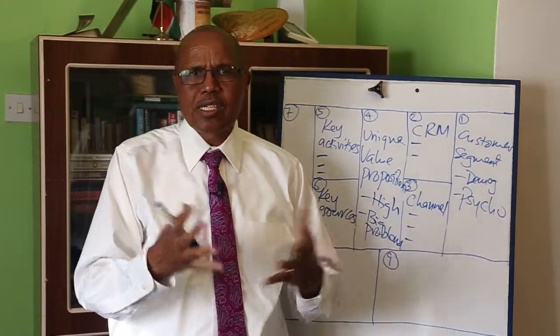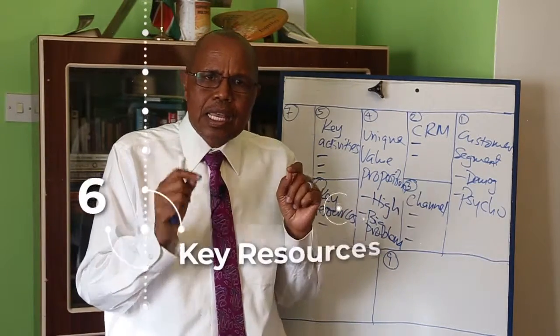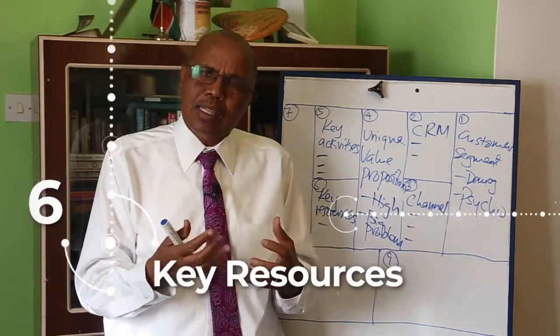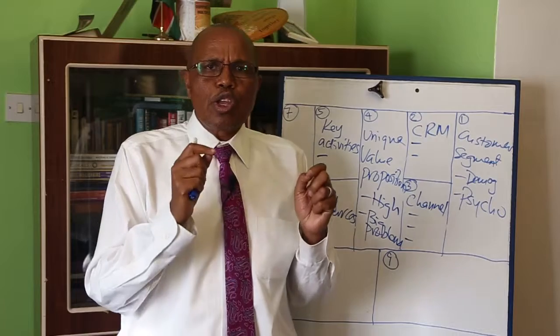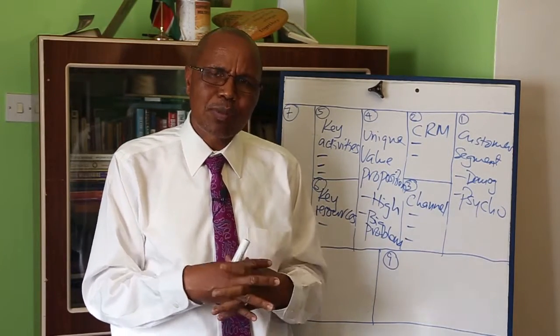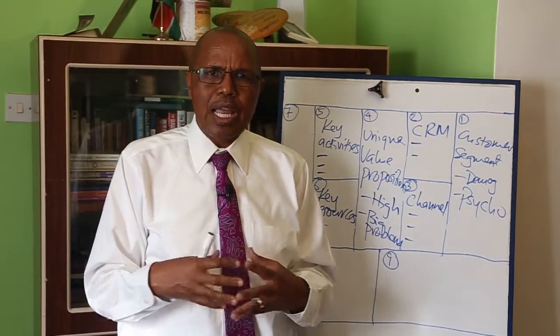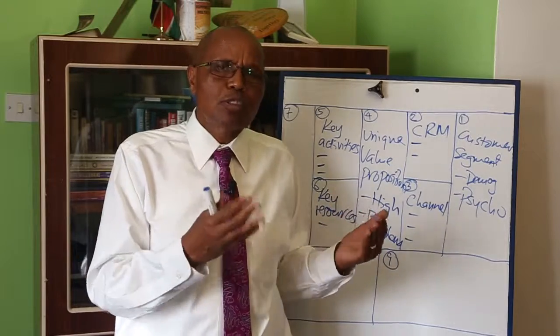Maybe we can take the example of a custom-made clothing supplier. The key resources that are needed are the materials to manufacture the clothes. So you need those resources. You need to focus your energy on stocking up the right materials, looking for quality material for that matter, and materials that your customers are looking for.